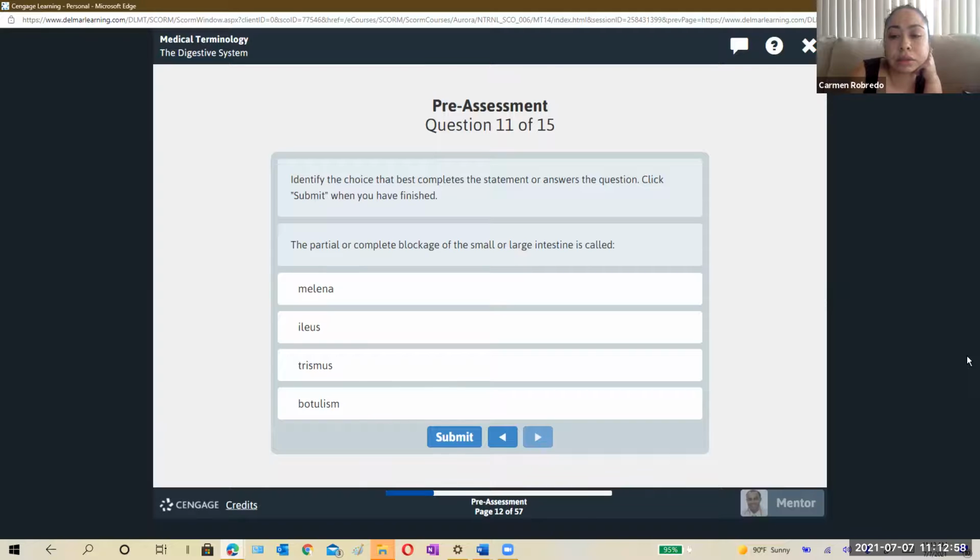Any ideas, anyone? For my cell phone. I don't know if it's botulism.